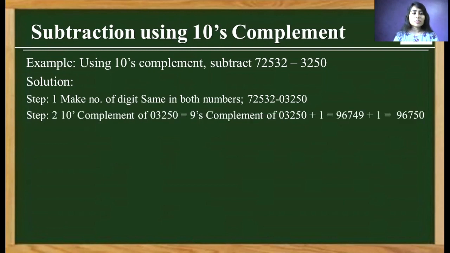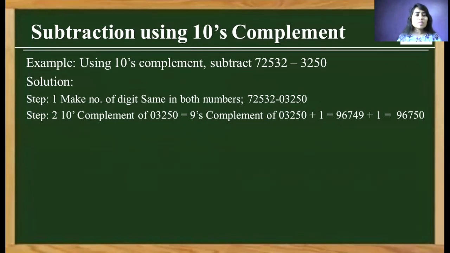By making the number of digits the same, we can easily calculate the tens complement of this number. So step number 2, calculate tens complement of 03250. Here we calculate the tens complement of 03250, not of 3250 only. This is why step number 1 is important: to make the number of digits the same and then calculate the tens complement of the given number.